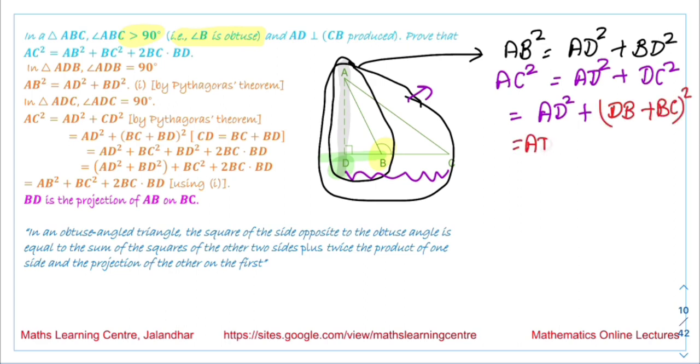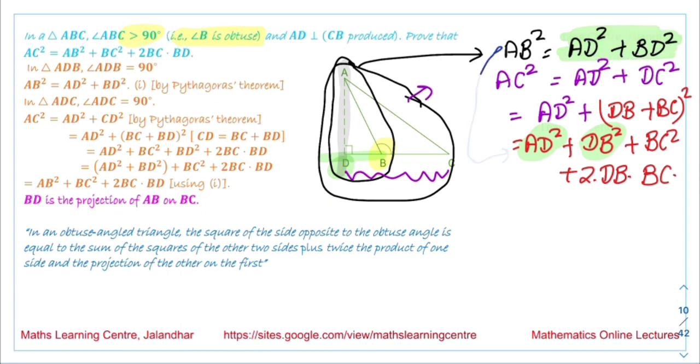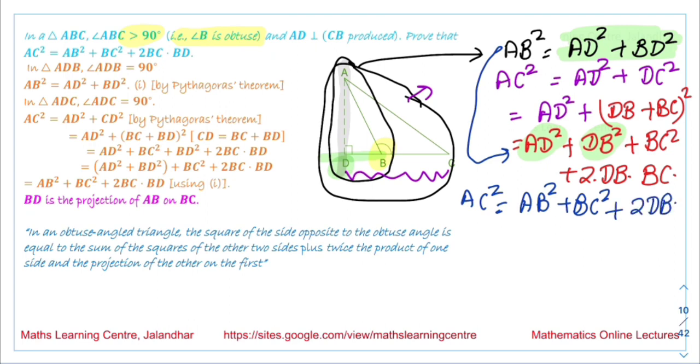So it is equal to AD square plus DB square plus BC square plus 2 times DB into BC. Look at this value over here, it is AD square plus BD square. In place of this we can substitute AB square. So we get AC square is equal to AB square plus BC square plus 2 times DB into BC. And this is what we have to prove.